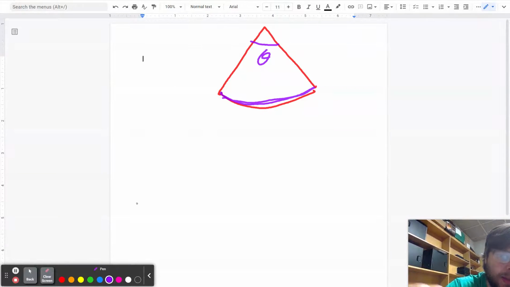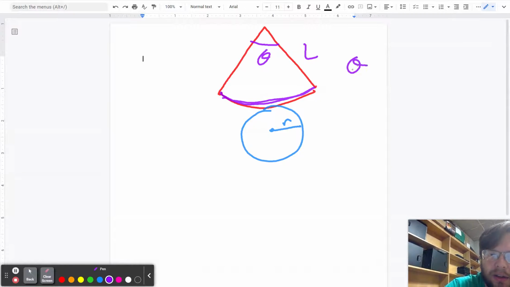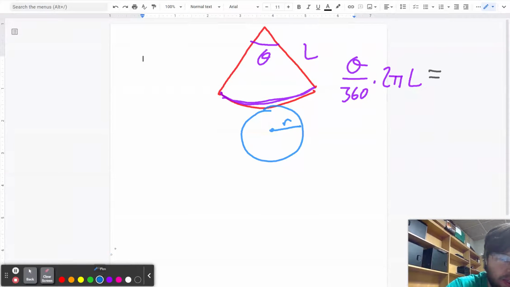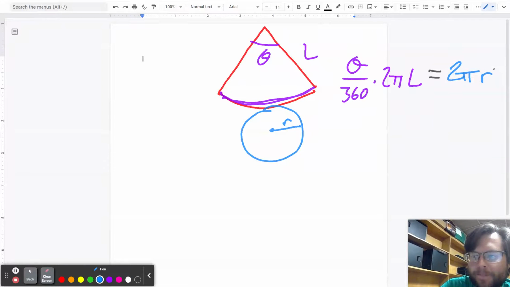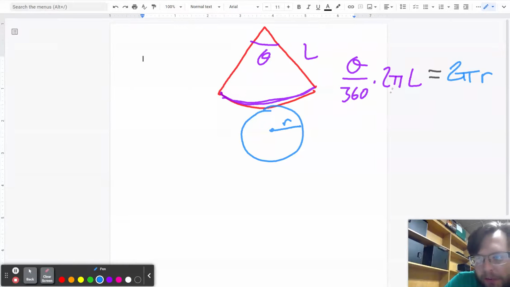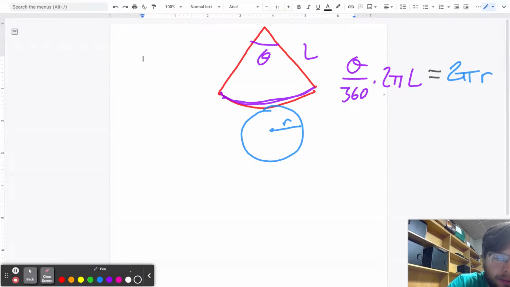We're labeling this with the letter L. And then we have our circumference of our circle with the letter R. So now we know that theta over 360 times 2 pi L has to equal the circumference of the circle, 2 pi r. So what I'm going to do is divide both sides by 2 pi because that will make things a little bit simpler.